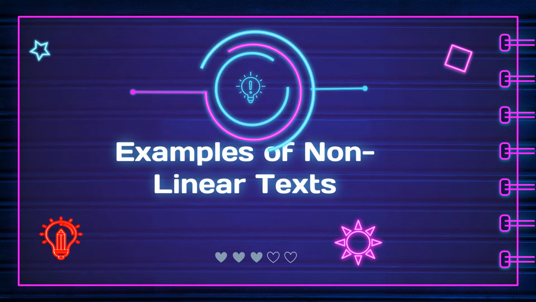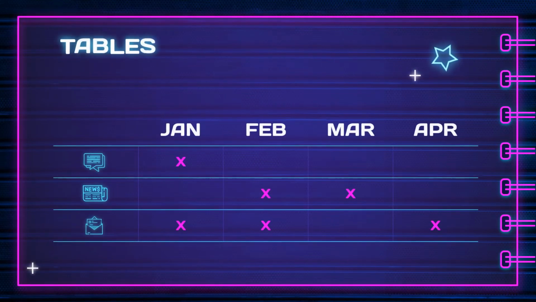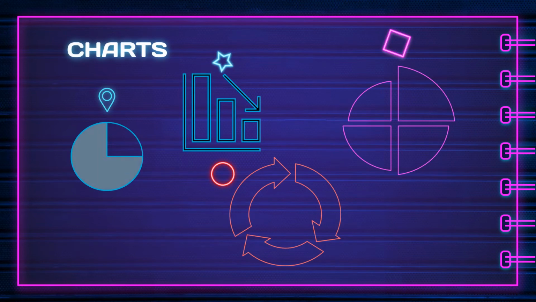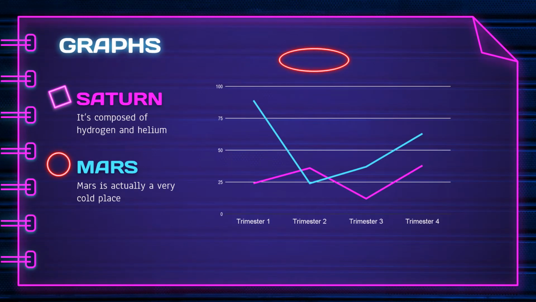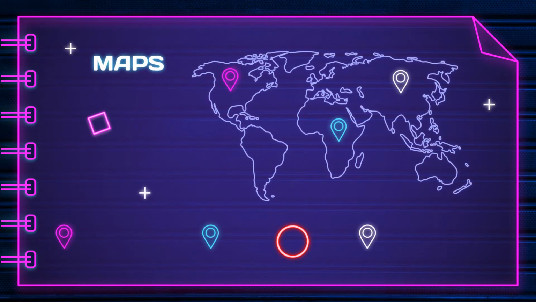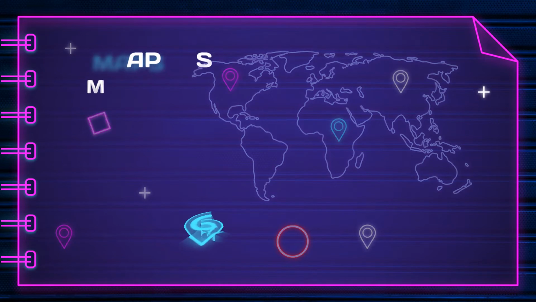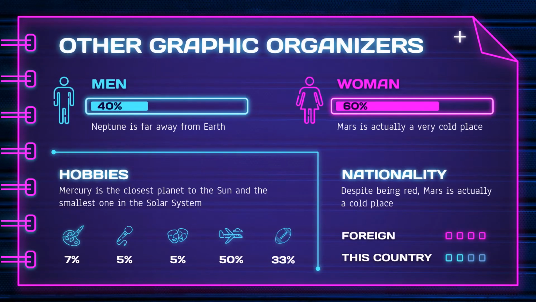Examples of nonlinear text are tables, charts, graphs, maps, and other graphic organizers.